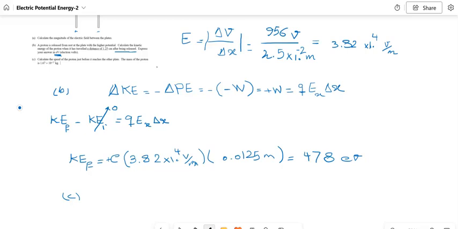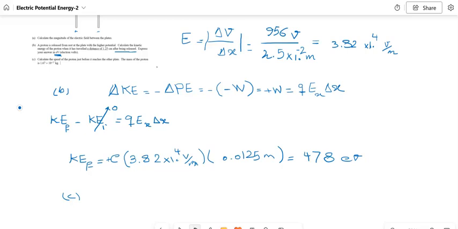So if we want to calculate the speed of the proton when it reaches the other plate, we're going to calculate the kinetic energy of the proton after it reaches the other plate, which is located at 2.5 centimeter from the initial plate.